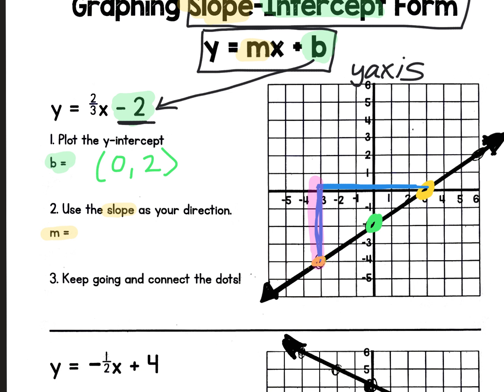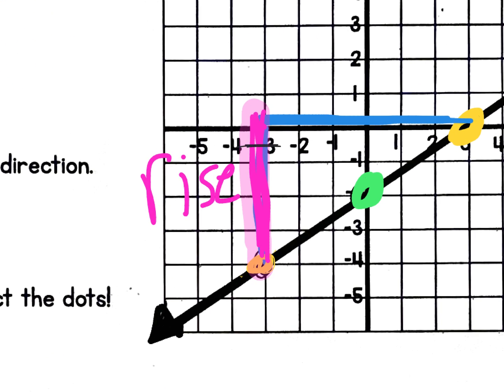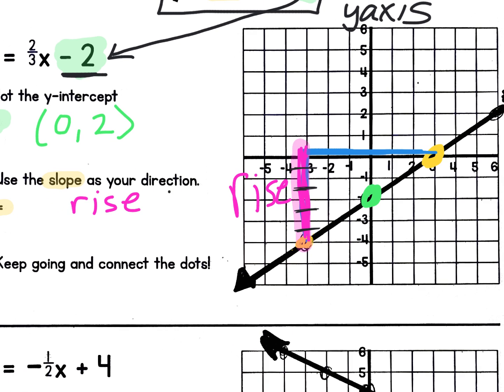And the vertical distance, so up and down, this side of your slope triangle is what we call the rise, because it shows the vertical distance. So if I look at my rise, I can see by counting the boxes that it's 1, 2, 3, 4 units high from where I drew it.